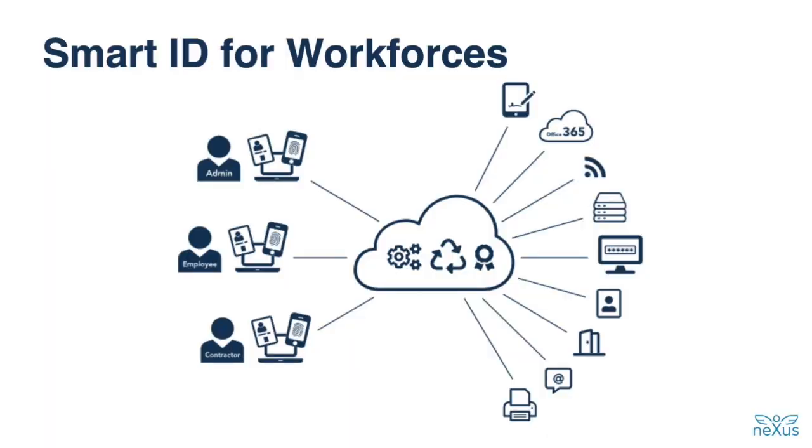On the right hand side, you see basically a visualization of whether it is accessing your wireless network securely, your Office 365 solutions, or doing a visual identification when you pass through the security gate.